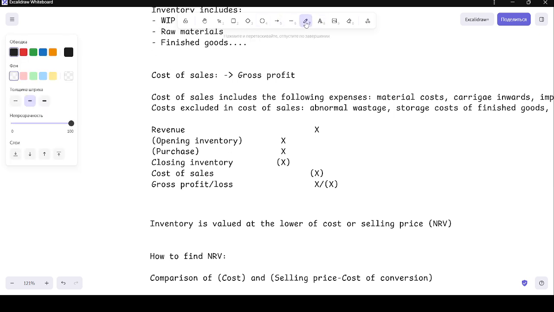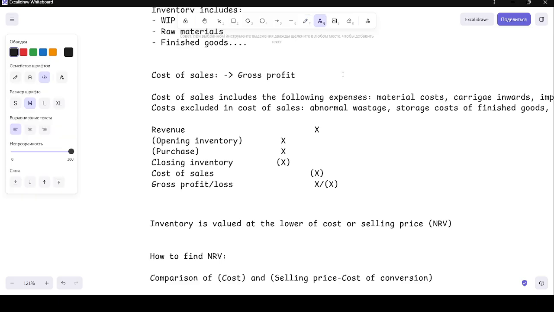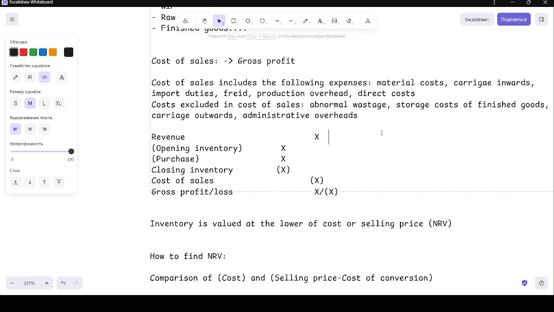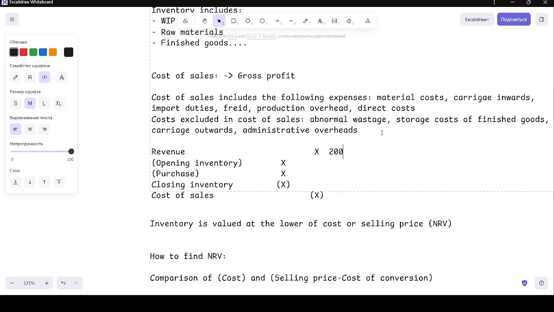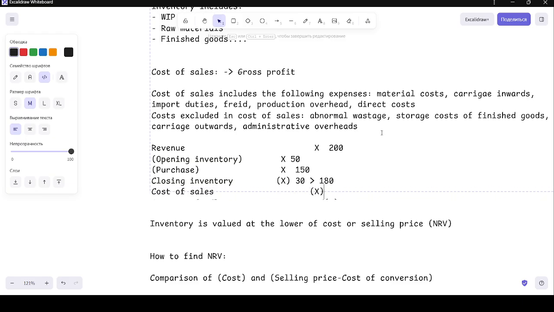For example, say we had sales of 200 and opening inventory of 50, purchase was 150, and our closing inventory was 30. That gives us cost of sales of 180.